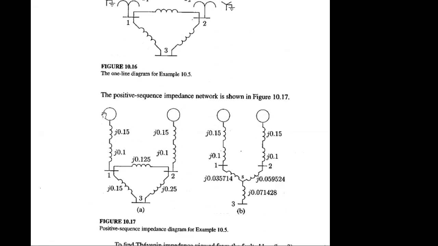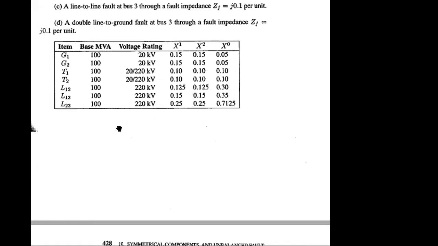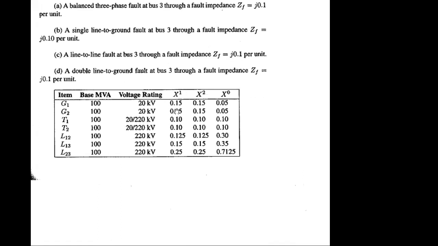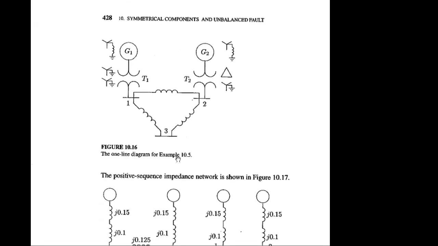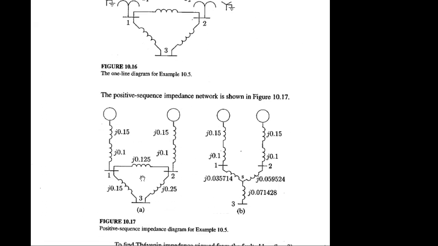Here you can see all the information regarding generator and transformer. What is generator 1 x1? 0.15, right? Generator 2 is 0.15 as well. Transformer 0.1, 0.1. Line 1 to 5, 1 5, 2 5.